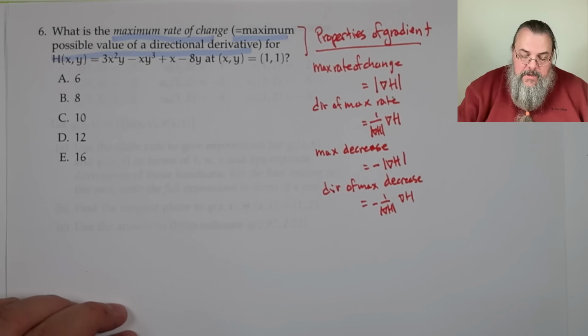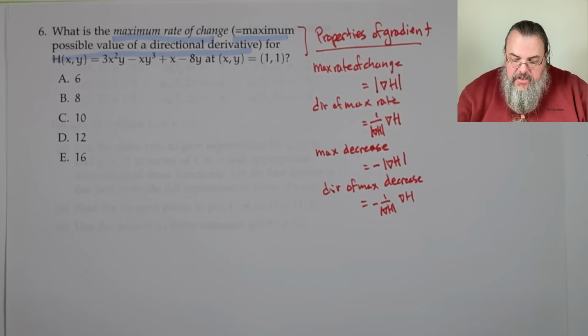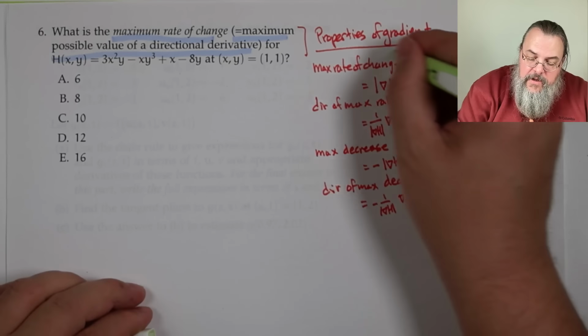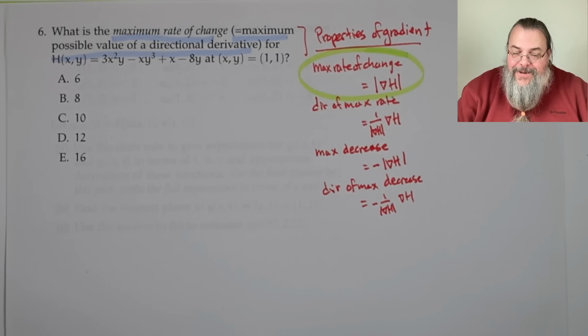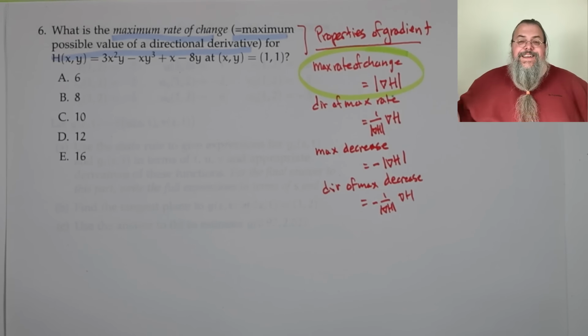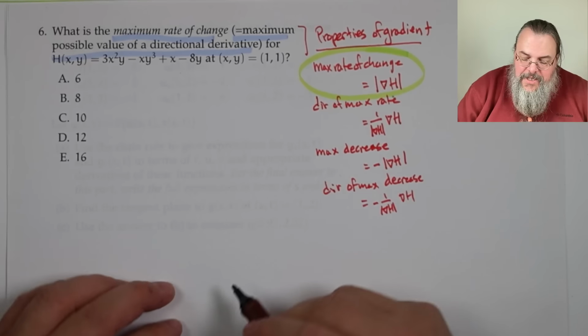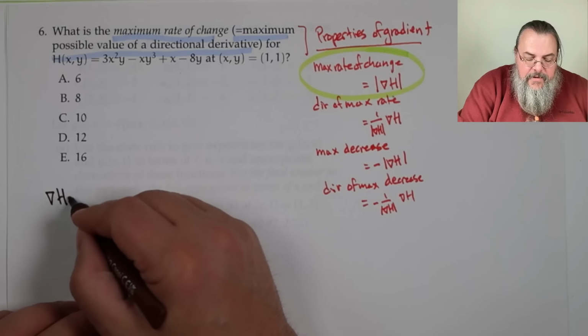Okay, so we're after the maximum rate of change. In particular, that tells us that we really are after the magnitude of the gradient. So, cool. And now, no funny business. They explicitly gave us the function. So let's start by taking the gradient of our function.